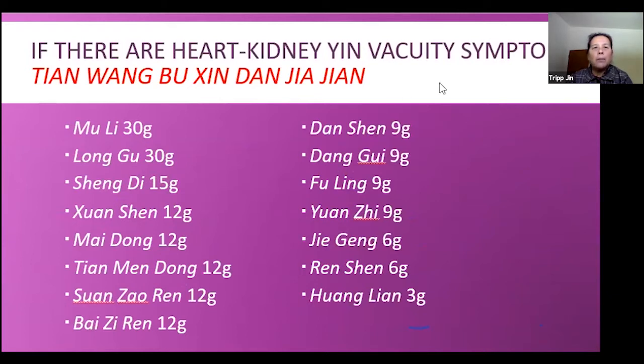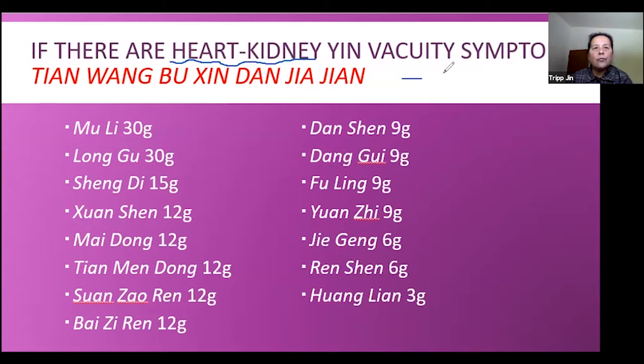If it is more like a kidney and heart deficiency pattern. Before, we talked about liver and kidney deficiency. Now we are talking about heart and kidney deficiency. This kind of condition is usually heart and kidney disharmony, so the patient will have difficulty falling asleep, insomnia problems.